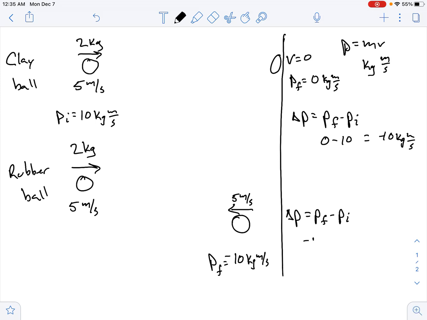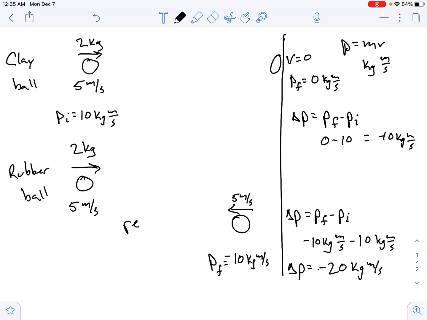My final momentum is negative 10 kilogram meters per second minus my initial 10 kilogram meters per second, which gives me a delta P of negative 20 kilogram meters per second. We get a larger change in momentum when we hit and bounce off.